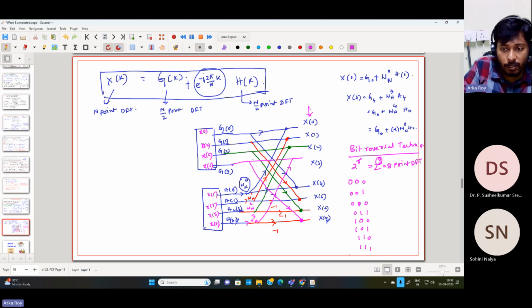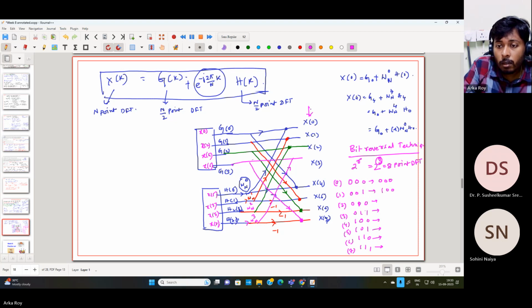So this gives me 0 to 7 from the 3-bit representation. Over here, if I make the reverse of these bits, 000 stays the same and 001 becomes 100. So this was 0, 1, 2, 3, 4, 5, 6, and 7.